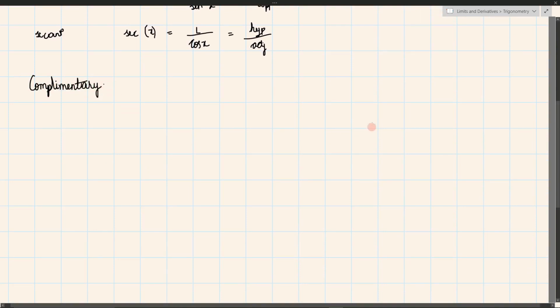Now we'll discuss the complementary functions. Since we know that in the right angle triangle the sum of angles x and y is equal to 90 degrees, we can say that these two angles are complementary. If we want to find the complement of the angle x, that is sine of 90 minus x, this will be equal to cos of x, right?